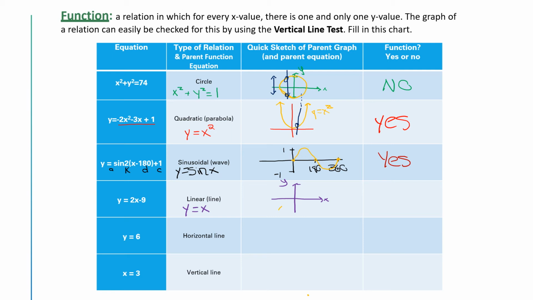Imagine this is straight and going through the origin, it's this line right here, y equals x. That's the line y equals x. And is it a function? Yes, it's the first function that you learned. It was a linear function. Okay, let's look at the horizontal line.